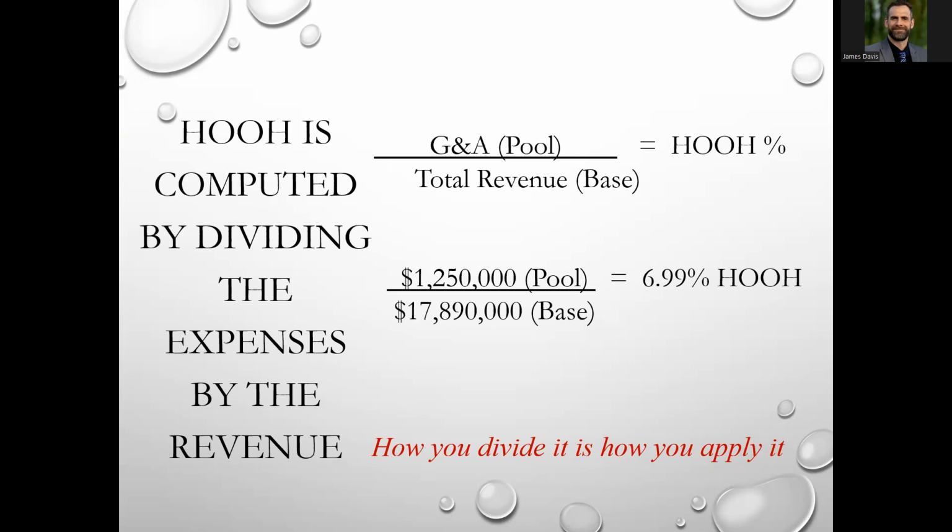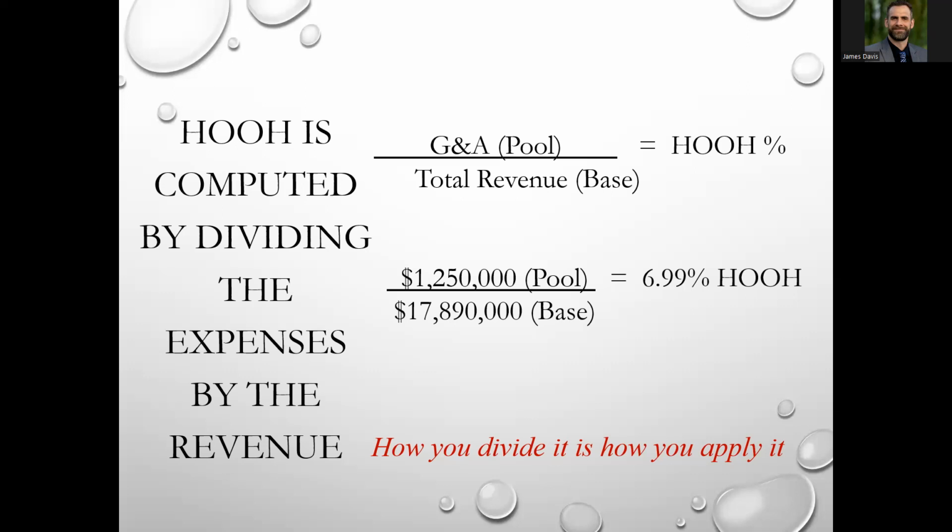Some people report by labor hours, by material, or by something other than total revenue, and that's okay. How you set up your business is fine. So for your markup you can use one of several bases, but how you divide it is how you apply it.